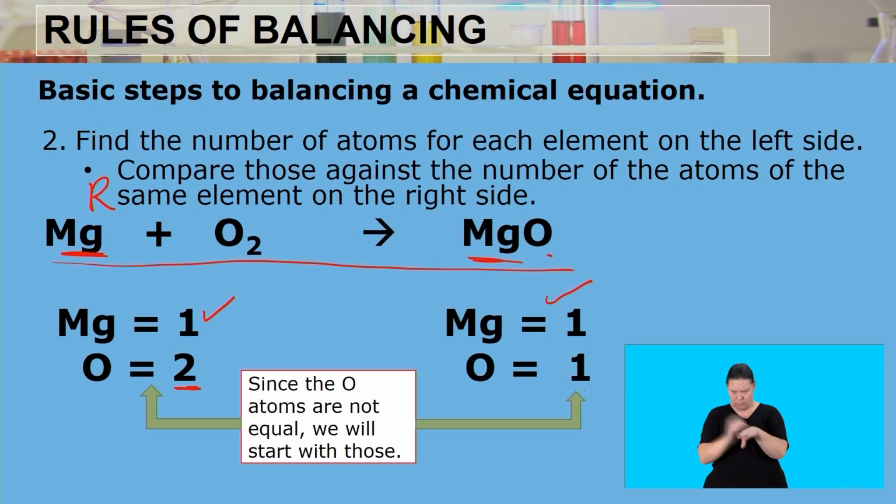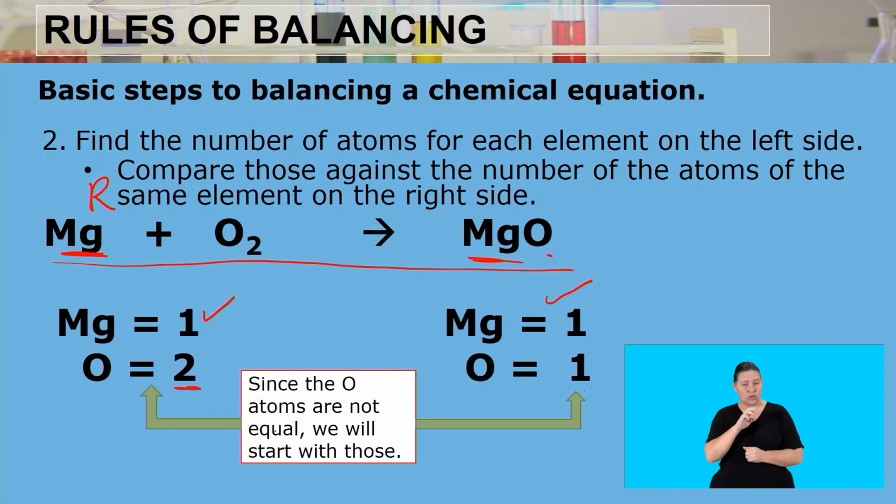That's where the problem is. The oxygen is not balanced. So we need to balance the oxygen, and by balancing the oxygen, we're essentially balancing the entire equation. Since the oxygen atoms are not balanced, we are going to start there. That is our starting point, balancing the oxygen.